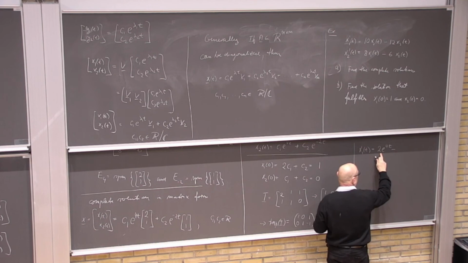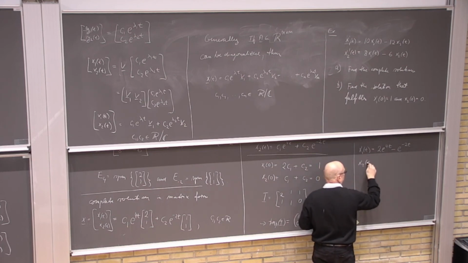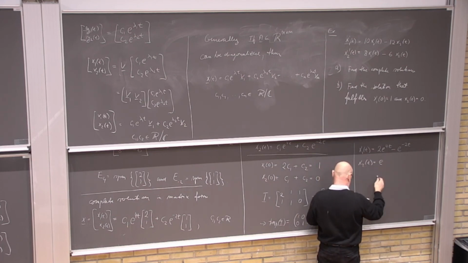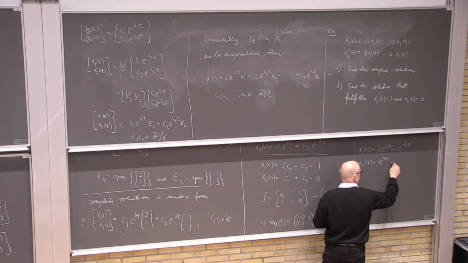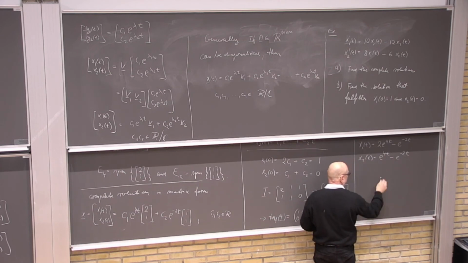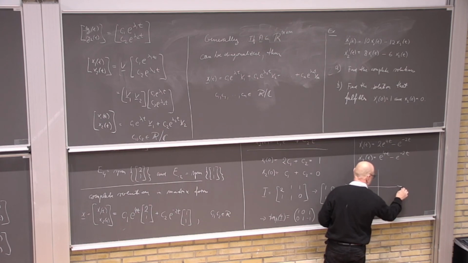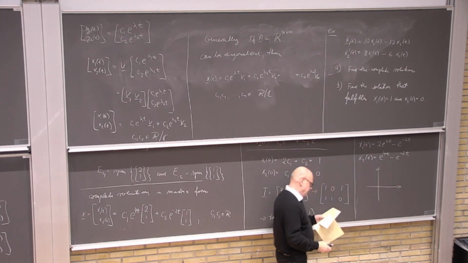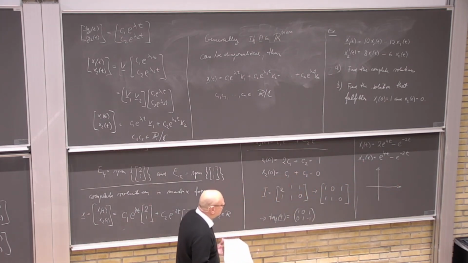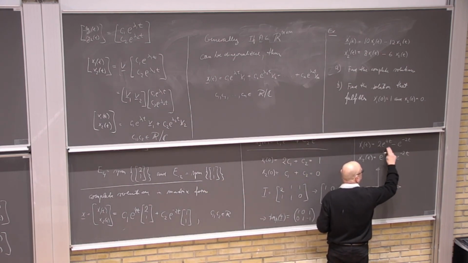I have 1, 2, and then minus, and then I get e to the 4t minus e to the minus 2t. And let me just try to show you this, because what you see here, if you put t equal to 0, you get 2 minus 1.